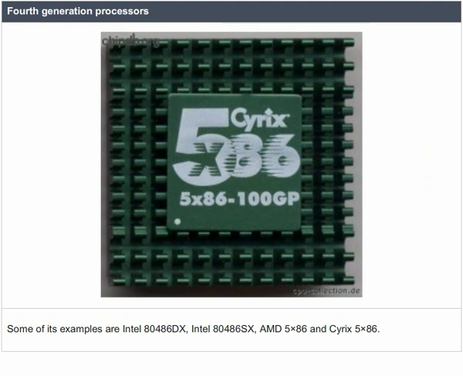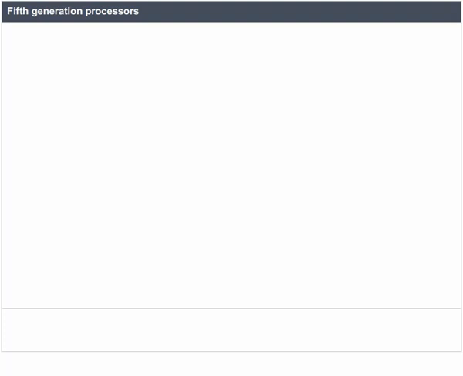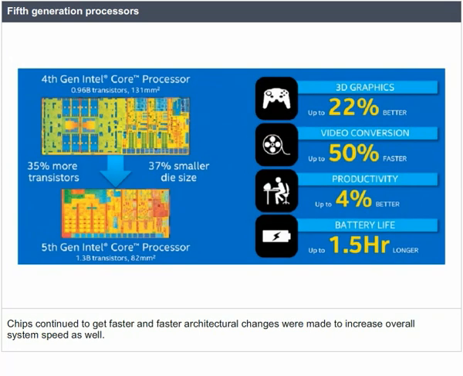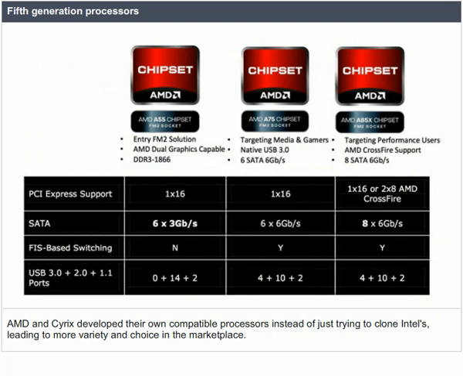Fifth-generation processors. The fifth generation of processors saw several changes from earlier CPU families, and several trends continue as well. Chips continued to get faster and faster, and architectural changes were made to increase overall system speed as well. AMD and Cyrix developed their own compatible processors instead of just trying to clone Intel's, leading to more variety and choice in the marketplace.